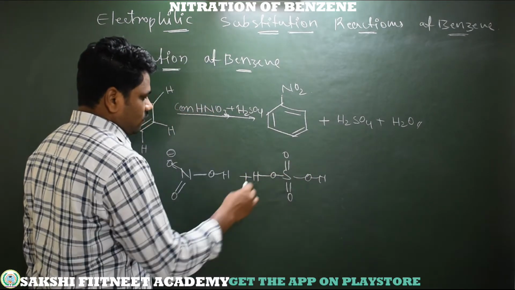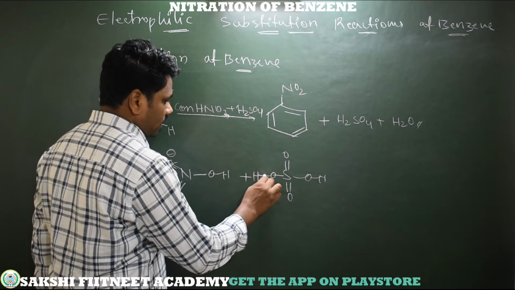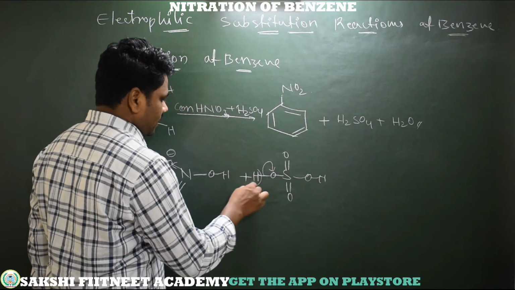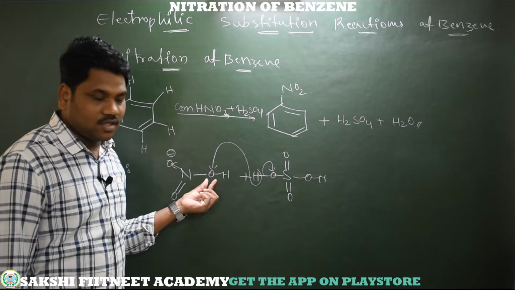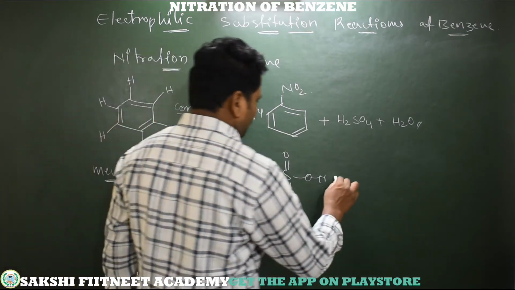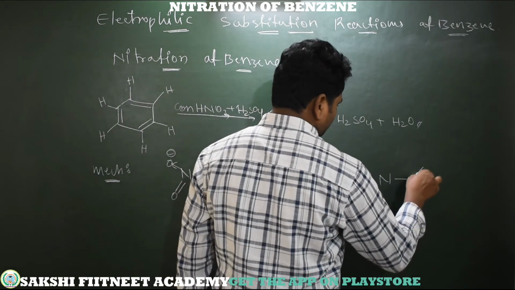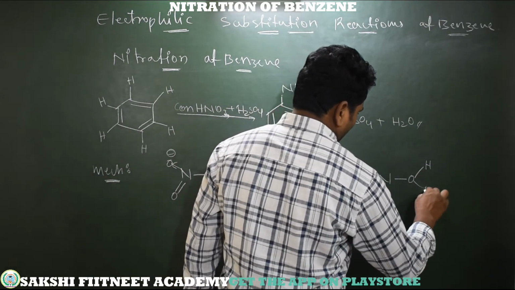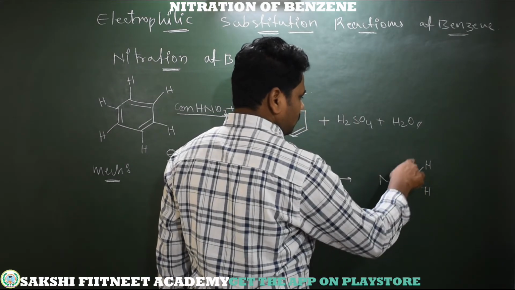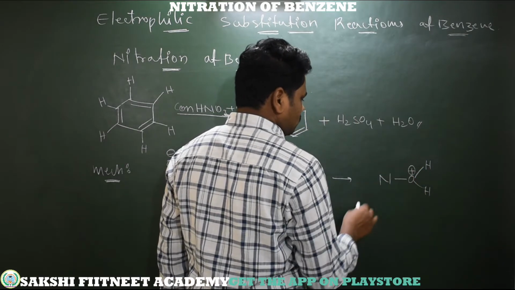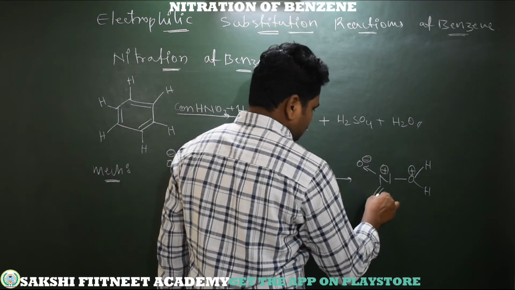H2SO4 generates H plus, where the oxygen to hydrogen bond is cleaved heterolytically, and that H plus is abstracted by this oxygen's lone pair. So we get the next fragment: nitrogen bonded to oxygen having 2 hydrogens. Because one lone pair is donated to hydrogen, the oxygen gets a positive charge. The remaining bonds are as they are.